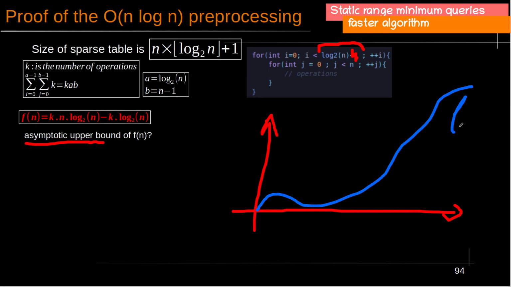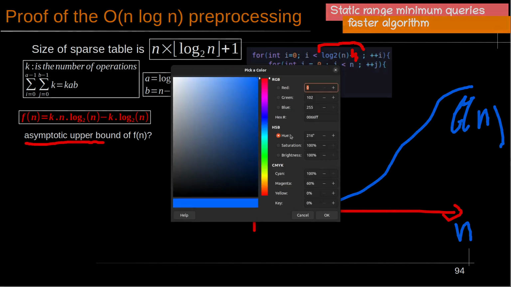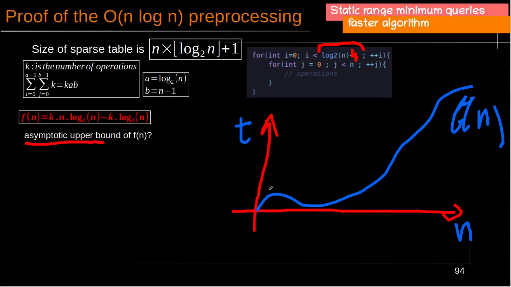Here we have n and here we have t, time. The function represents the execution time as a function of the size n, and we have to find the asymptotic upper bound.